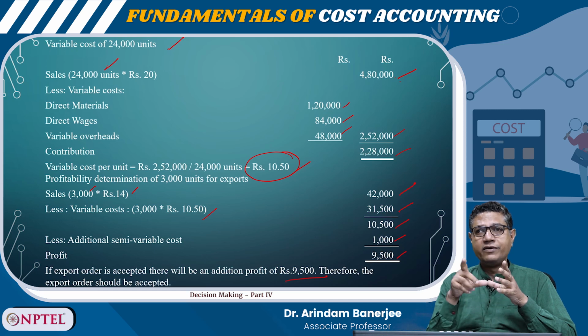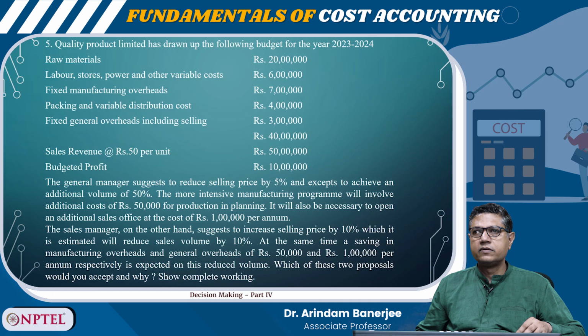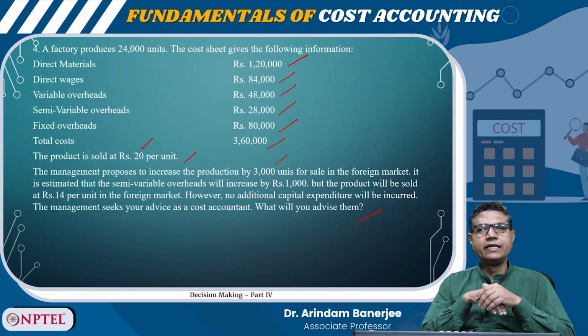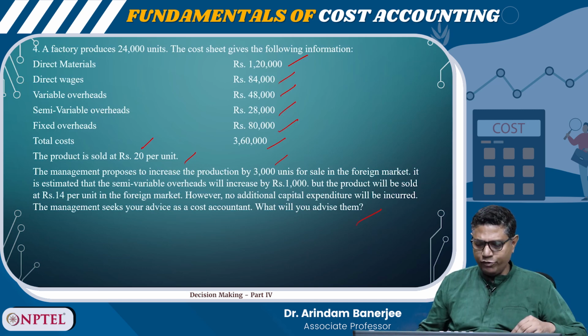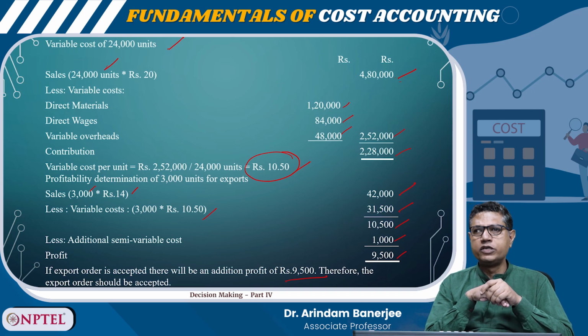Now, you see here, what is my fixed cost? The fixed overhead is 80,000. So, 80,000 I need to cover, and I can see what contribution I am earning here. If I deduct the variable cost from the selling price, I will get the contribution.